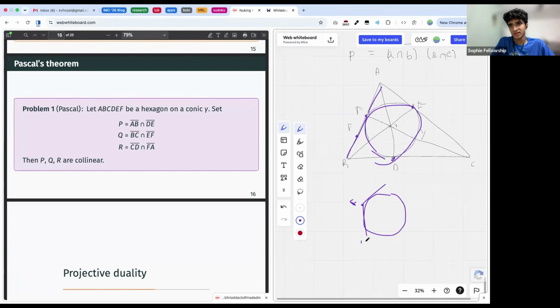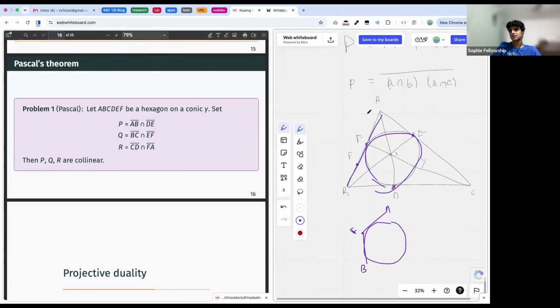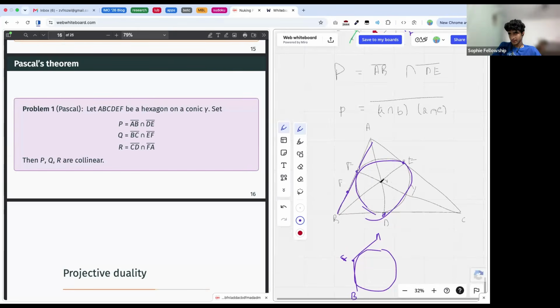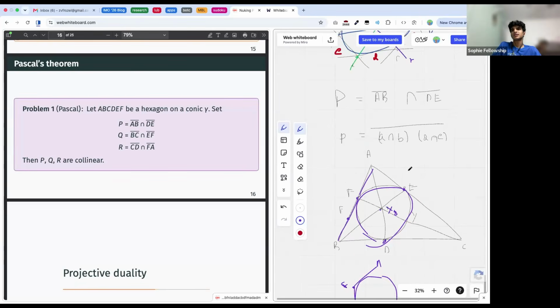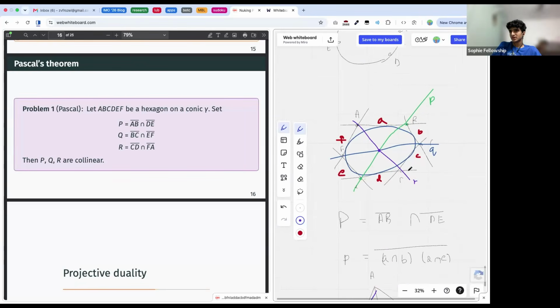And if lines BF and AF are slowly converging to a single line, then F must converge to the point where the line is tangent to that conic. So that's just a minor note worth keeping in mind. It's not too much of an issue. And anyways, these concur at the center X8 if I'm not mistaken. But I forget.